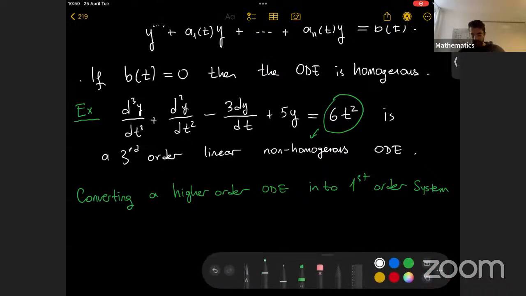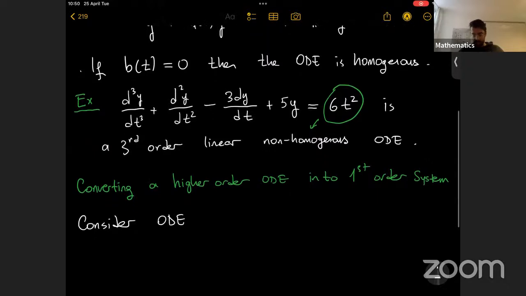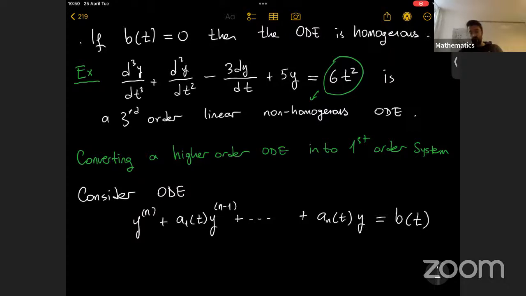So let's consider the ODE given by the following: the nth derivative of y plus a1(t) times the n minus first derivative, and so on, plus an(t) y is equal to b(t). It's a non-homogeneous nth order linear differential equation.